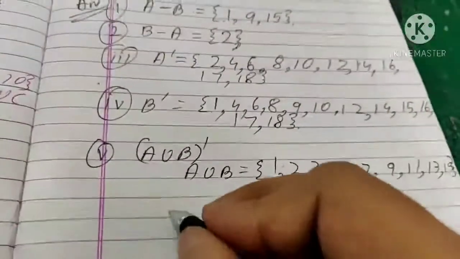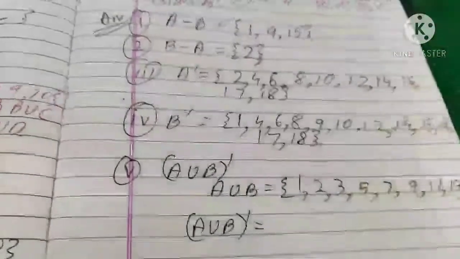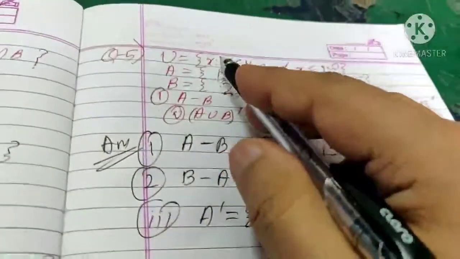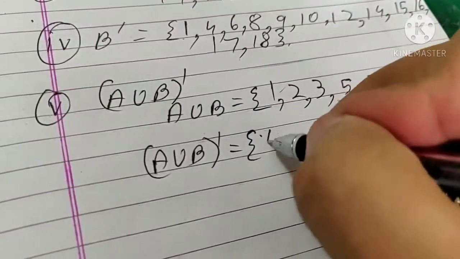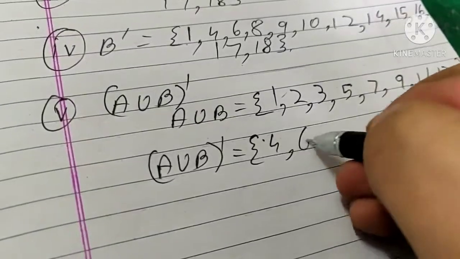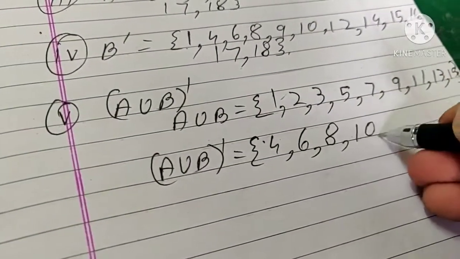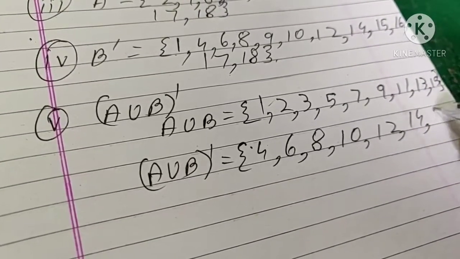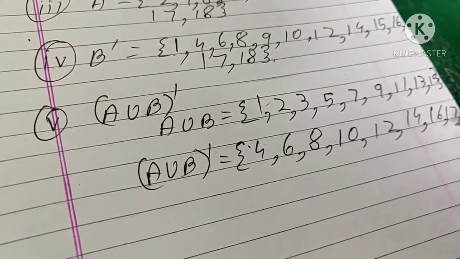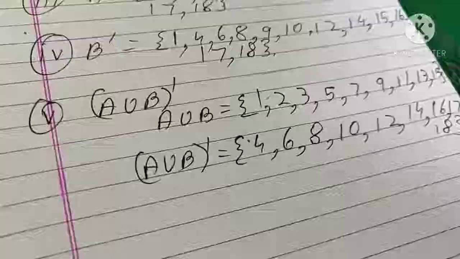Okay, and we have to find A union B complement, means removing these from the union. So from the universal set, from 1 to 18: 1 is here, 2 is here, 3 is here, 4, 5 is here, 6, 7 is here, 8, 9 is here, 10, 11 is here, 12, 13 is here, 14, 15 is here, 16, then 17 and 18. So this is our answer.